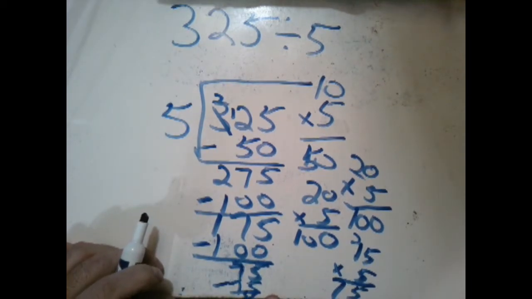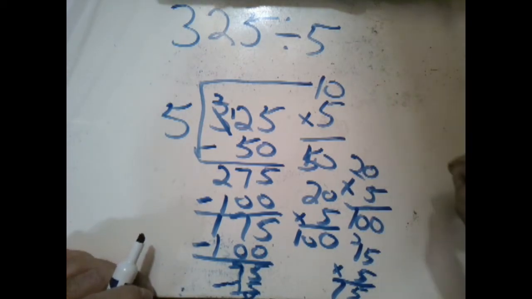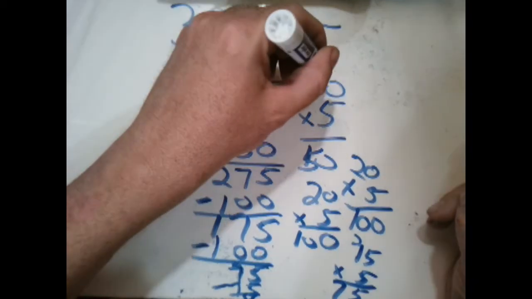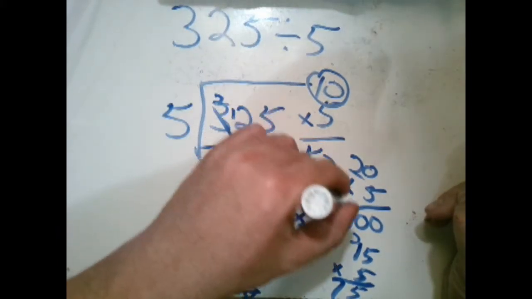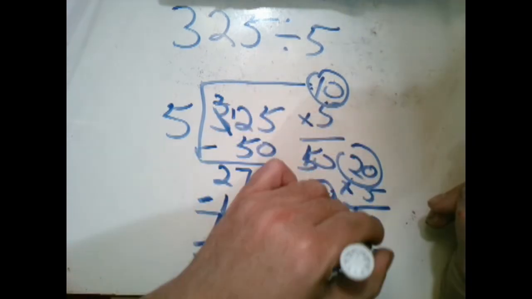Okay. All I'm now going to do is add up the numbers that I used, the partial answers to the problem. Partial quotient. Partial quotient is the partial answer to a division problem. So I have a 10 I used, a 20, a 20, and a 15.